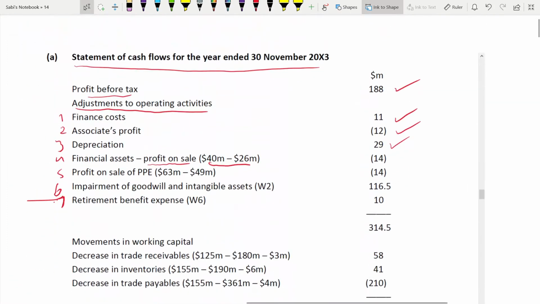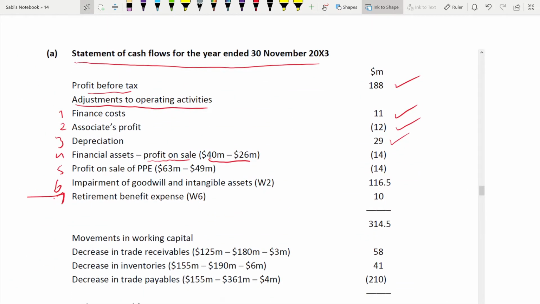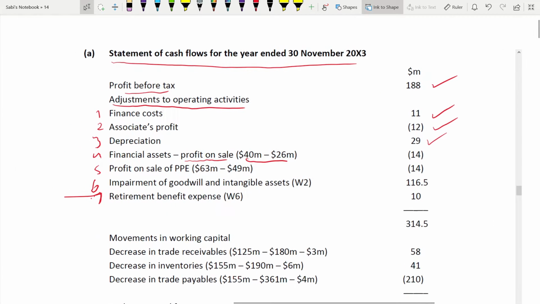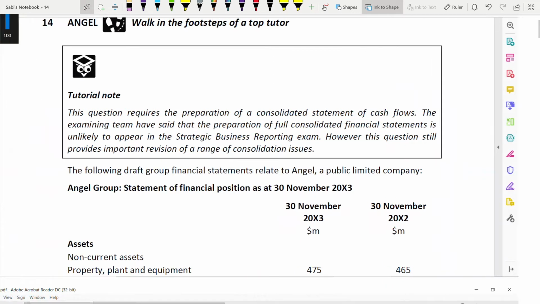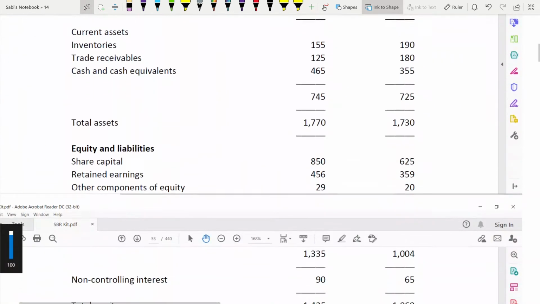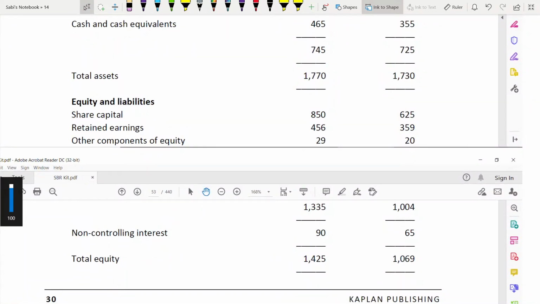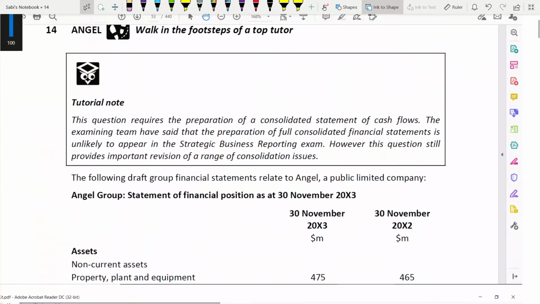Therefore, sorry, it's 40 minus 26. It's not 30. 40 is the sale proceeds minus 26.